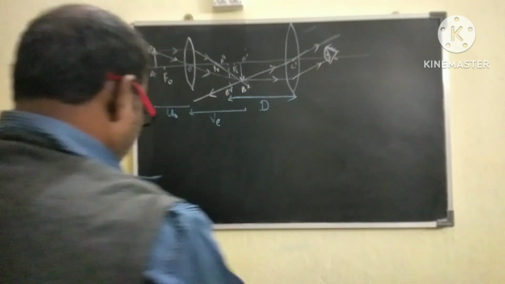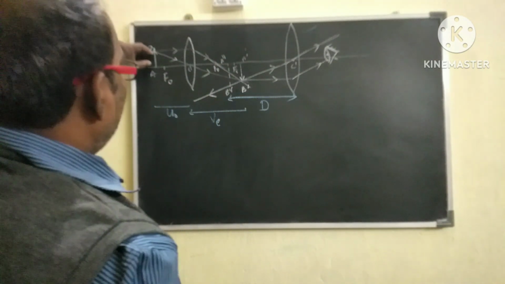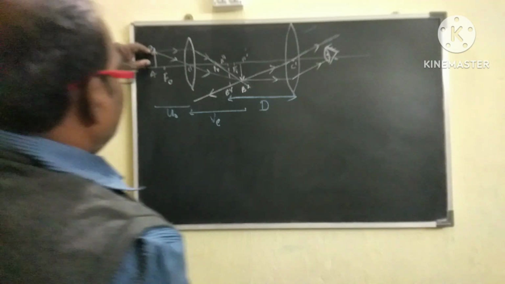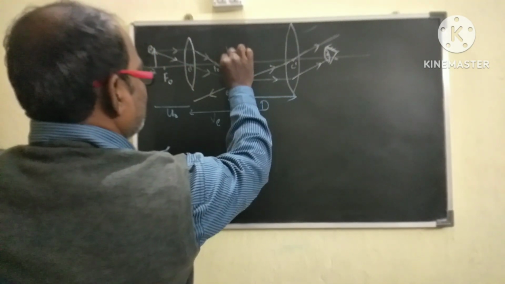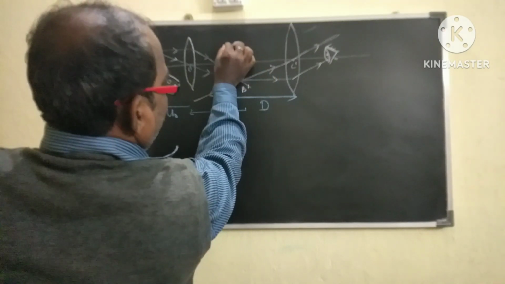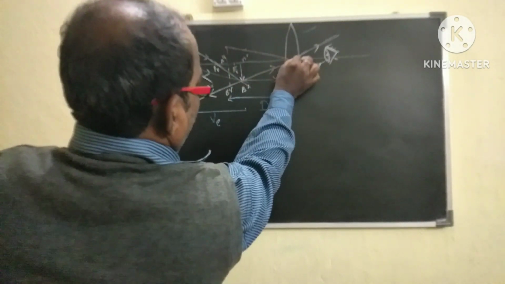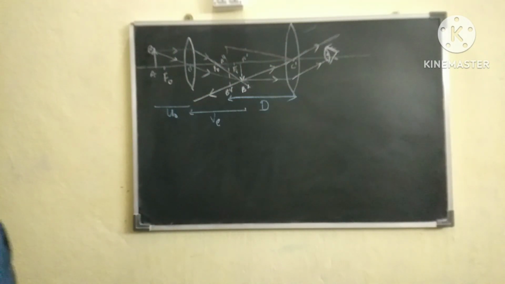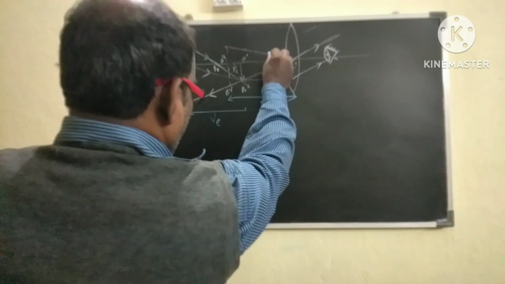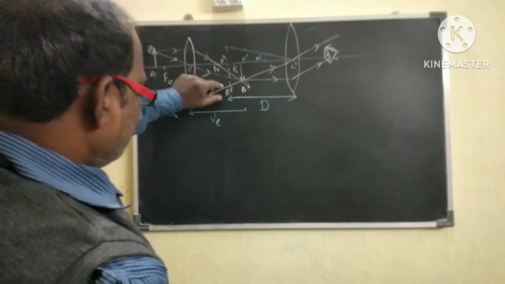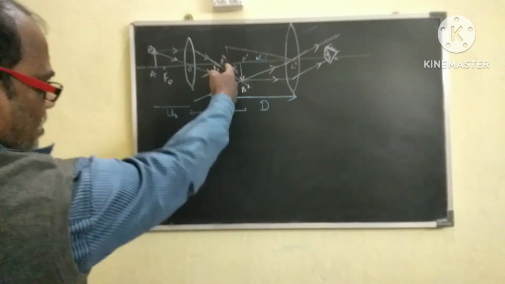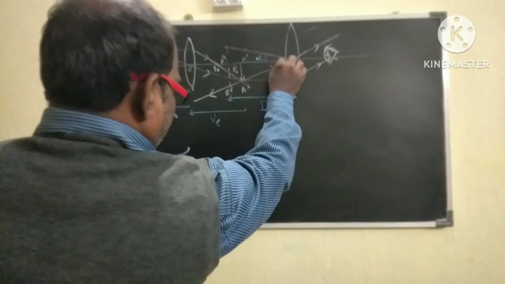Now considering the object height is this, taking the object height over here in the same pattern and subtending an angle here. So let this angle be alpha and let the angle subtended by the final virtual image be beta.